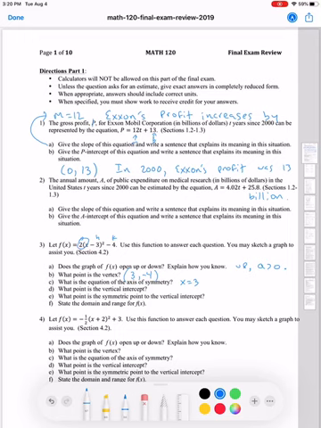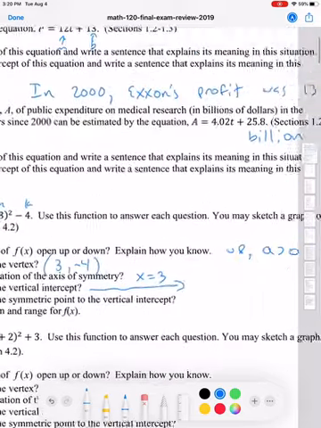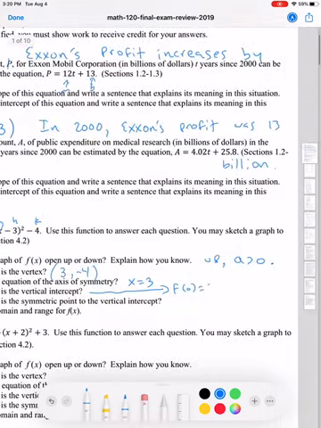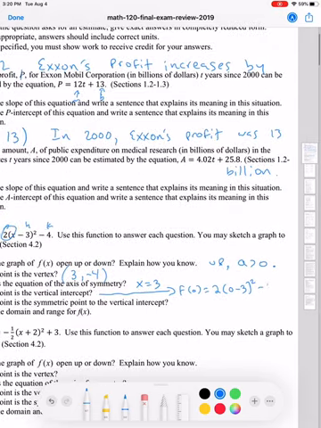When we're finding x and y-intercept, it depends what we're doing. For the y-intercept, we replace x with 0. So I'm going to replace x with 0. F of 0 equals 2 times (0 minus 3) squared minus 4. So this is going to be 2 times negative 3 squared, which gives you 9. 2 times 9 is 18, minus 4 gives you 14.